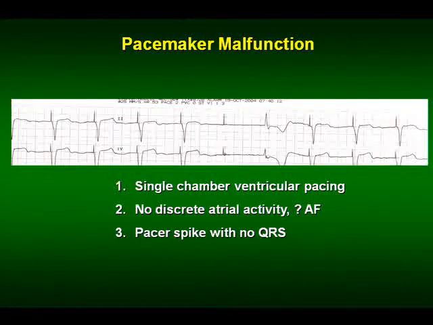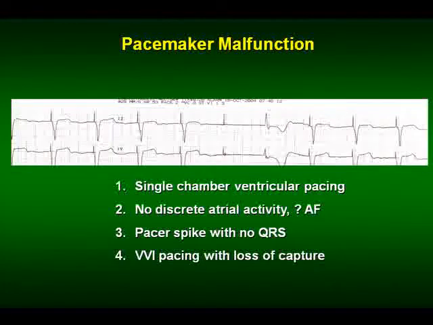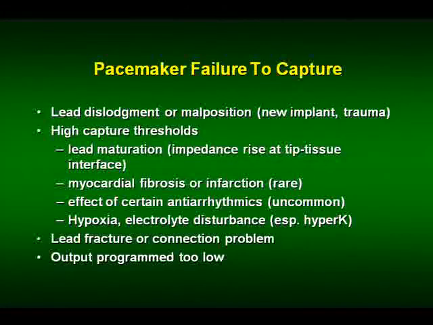We see a pacing spike where there's no QRS, so that probably means we didn't capture. So the diagnosis would be VVI pacing, underlying atrial fibrillation, intermittent loss of capture, and this is a junctional escape beat. And when you see abnormalities on the pacing strip, that's the process you should go through.